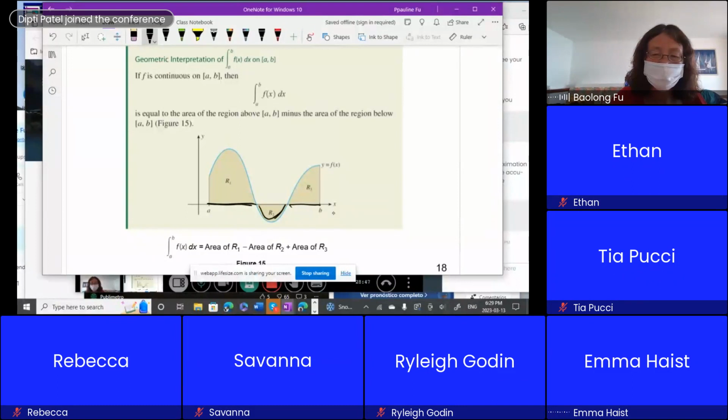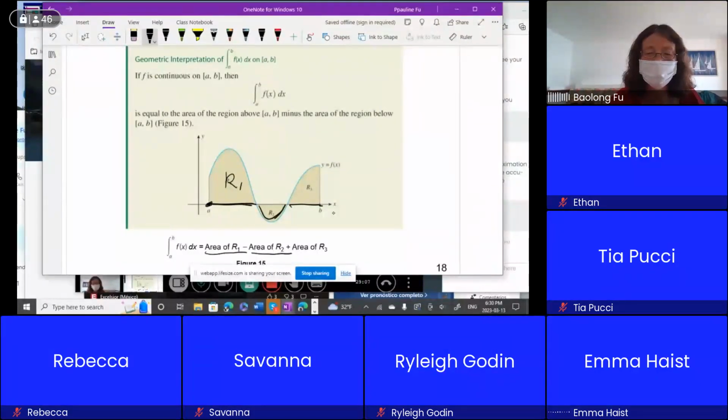So if you calculate the area from A to B, it is the area of R1 minus the area of R2, because R2 itself is negative. You minus a negative, you are actually doing a plus. And then plus area R3.